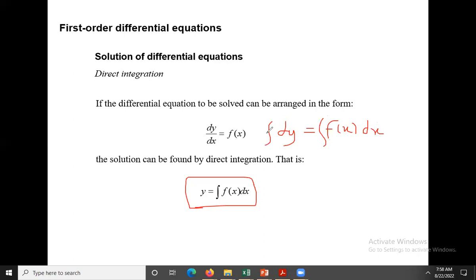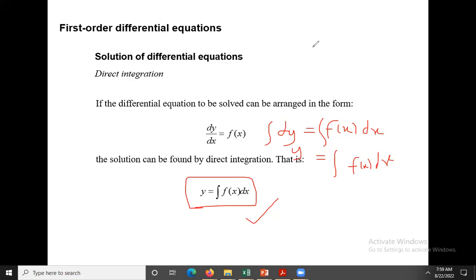We all know that the integral is the reverse of differential, the derivative. So this gives us y, and this will give us the integral of f of x dx. So that is how we come about this operation here, which we're going to employ.